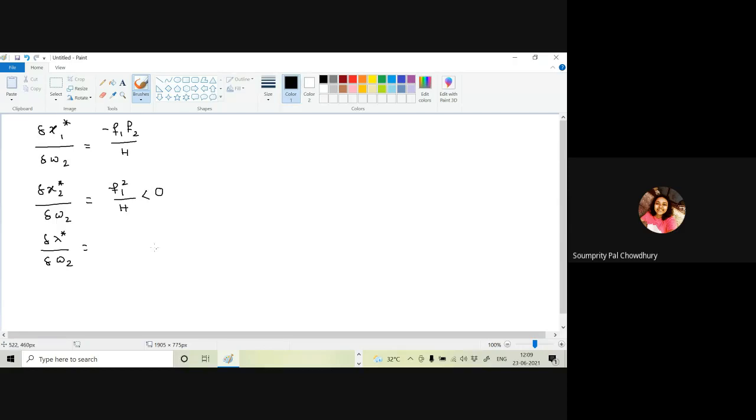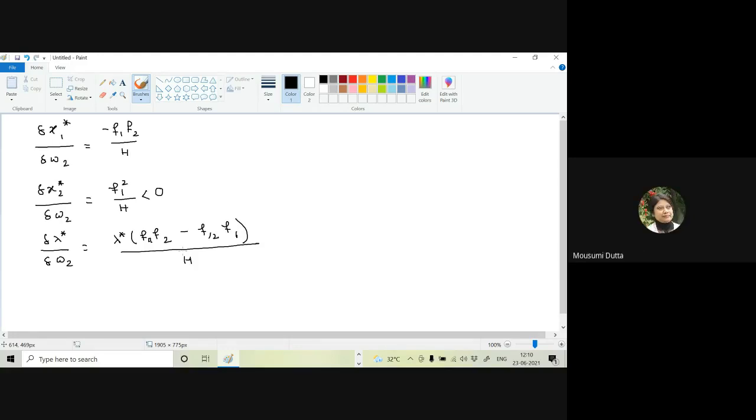And the last one is lambda star within brackets f11 into f2 minus f12 into f1 divided by h.